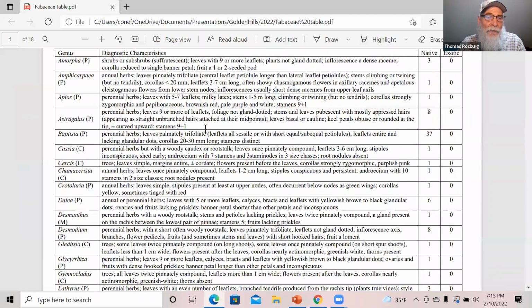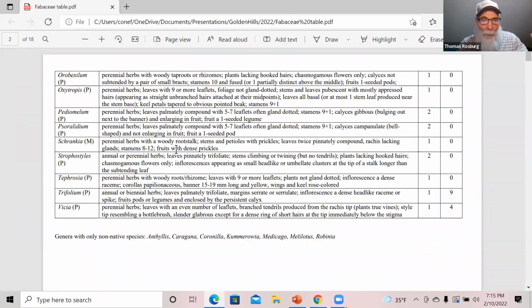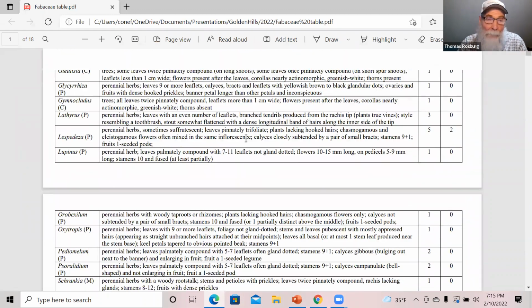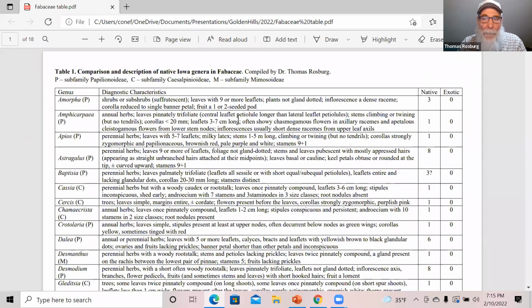And so again, this is table 1. It has all of the genera in it here. Now, I don't have time to go through all this in great detail. I'm going to try to highlight some of the things that are important. Over here on the right, I tell you how many native species and exotic species there are. So for Amorpha, that of course includes the lead plants and indigo bush.